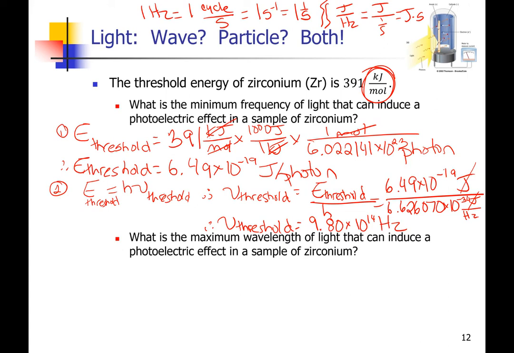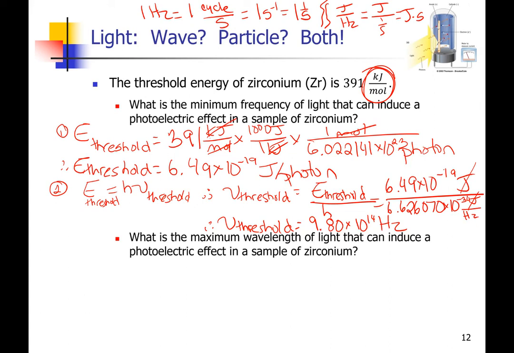So now that we've calculated the threshold frequency, we can go ahead and calculate the threshold wavelength, or the maximum wavelength of light that can induce a photoelectric effect in zirconium. Remember that as frequencies get bigger, wavelengths get shorter. So instead of a minimum wavelength, it's going to be a maximum wavelength.